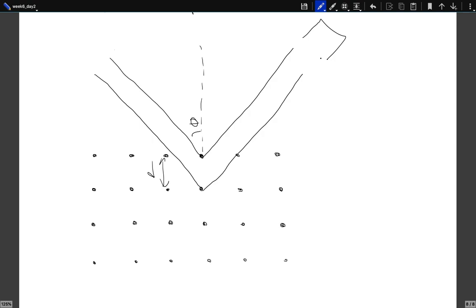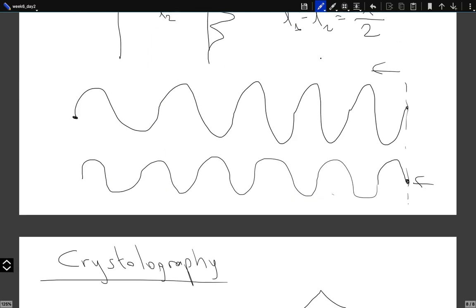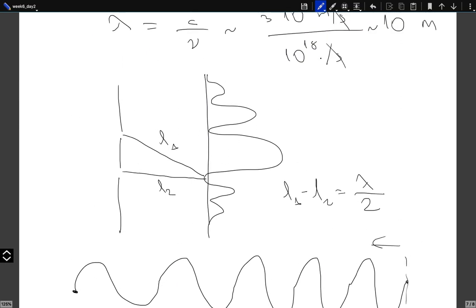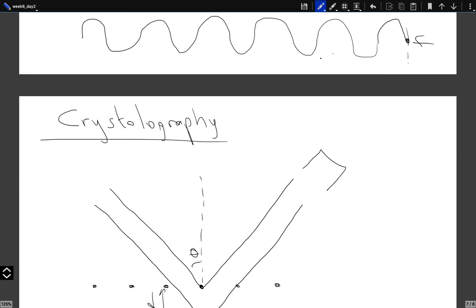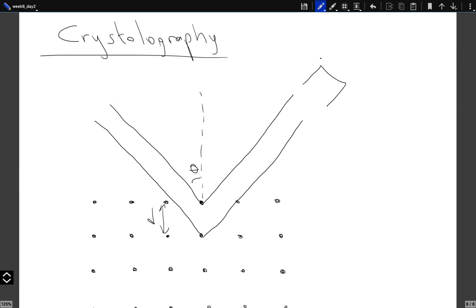Now, how does that depend on theta? Well, the only thing you can actually change over here is theta. Whether they interfere destructively or constructively will depend on the difference in their path lengths. Each ray travels a different distance. Well, this ray just travels up to this layer and is scattered.